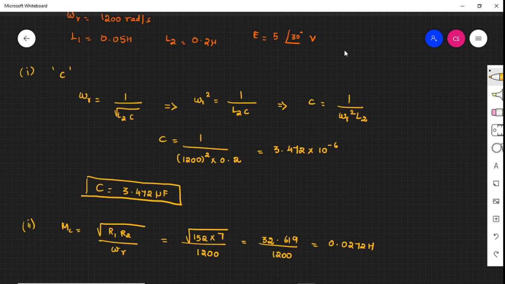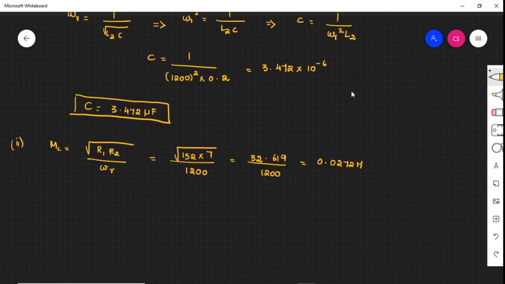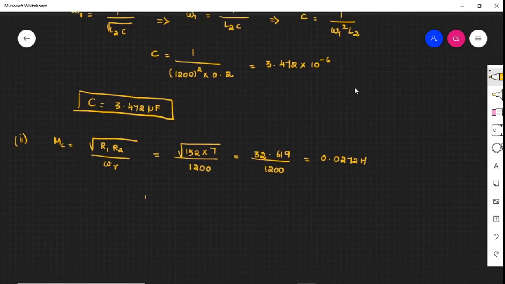Therefore we can write Mc equal to 0.0272 Henry.